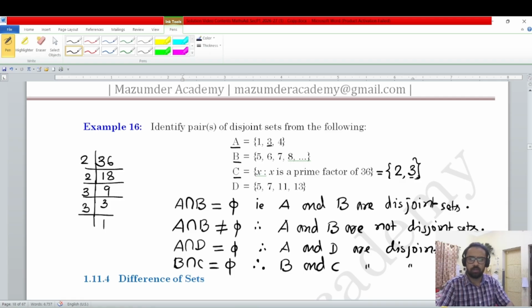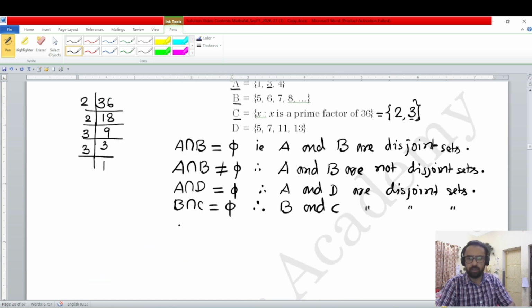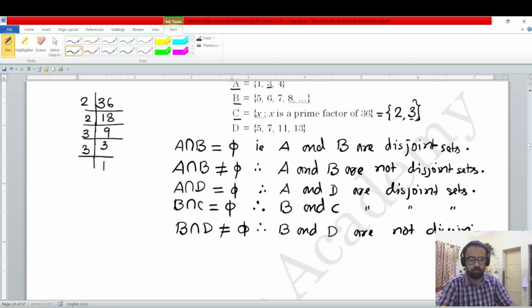Similarly, check B with D. B and D are not disjoint. B intersection D is not equal to phi. Therefore B and D are not disjoint sets.